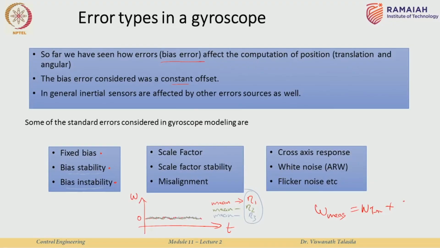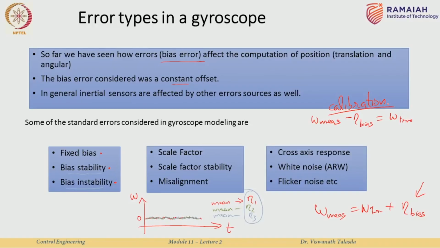So, W measured is W true plus the noise, and let us assume only bias, a fixed constant. If I am able to model this one, if I am able to calculate this from all my previous experiments, all I need to do is to subtract from the W measurement my bias constant offset, and I will really get my true value. This is actually a standard procedure which is called calibration, and we do this all the time with gyroscopes or even with accelerometers.